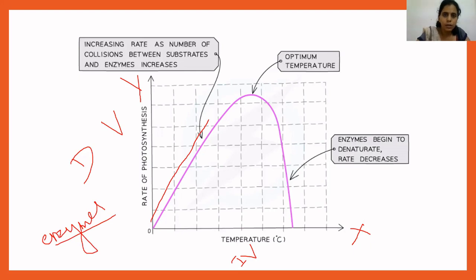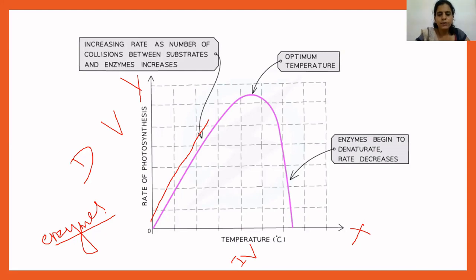Okay, so at lower temperature, the kinetic energy of molecules is very low.